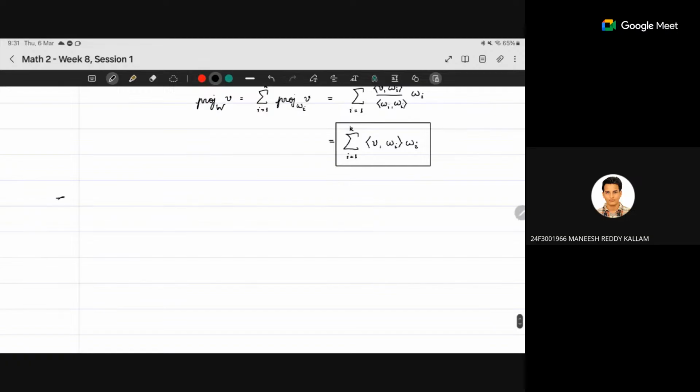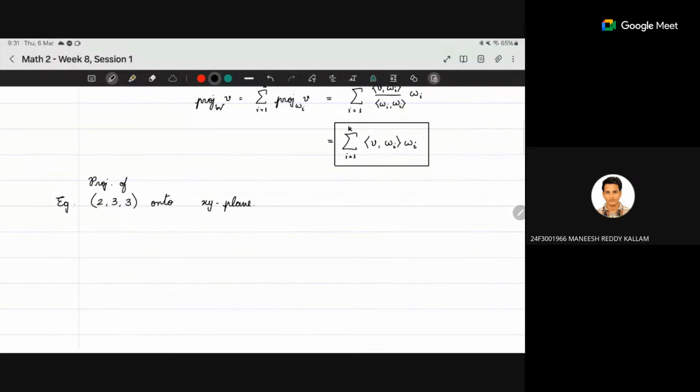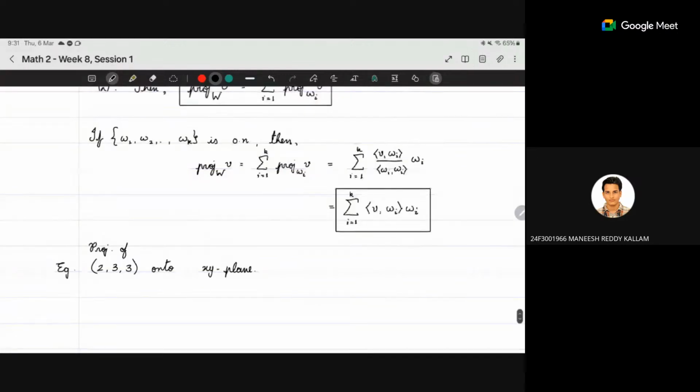So let's take a trivial example. Let's take the vector (2, 3, 3) and find its projection onto the xy plane. If I want to calculate the projection of a vector onto a plane, what is the thing that I need?